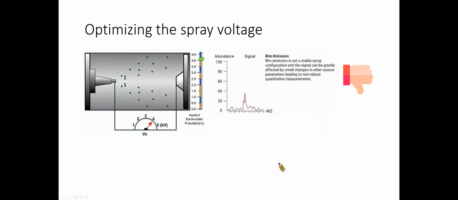Rim emission is a phenomenon where small droplets at the rim of the spray cone emit ions that are different from the main spray. This occurs due to the presence of charged droplets that are surrounded by a thin layer of solvent, creating a double layer of charge. The double layer of charge creates a potential difference, leading to the emission of ions from the rim of the spray cone.